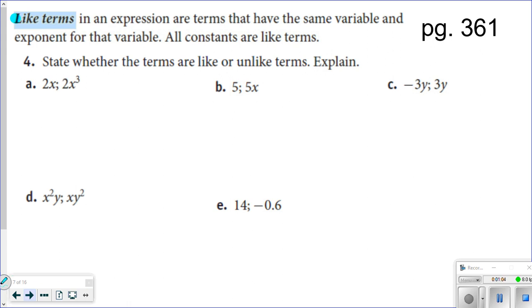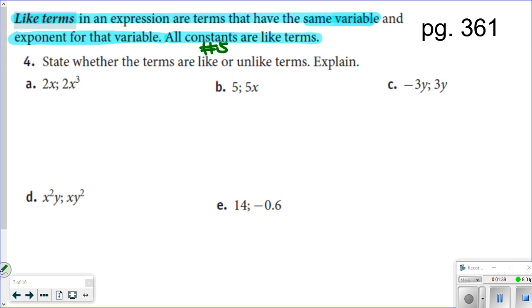Like terms, if you remember, are terms that have the same variable, so x and x, or w and w, and they have to have the same exponent on the variable. So if I have x squared, I also would have to have another x squared for them to be like terms. Okay, and all constants, remember constants are numbers by themselves, all constants are like terms.